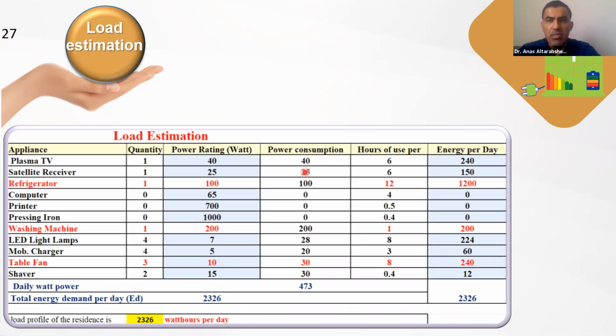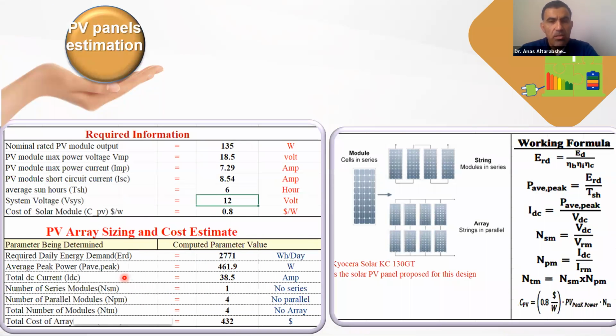Then you multiply, guys, the power times the time, and you get the energy. Then you add all the energies, and you get this number, which is 2,326 watt hour. Okay, so this is our energy need. So we are done with the load estimate.